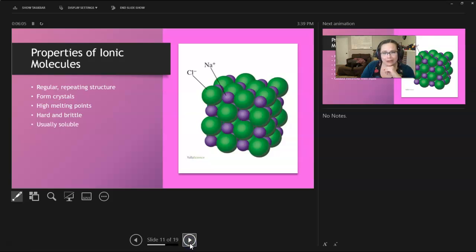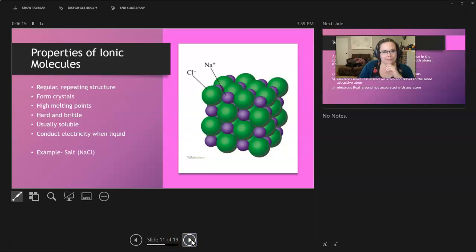They're usually soluble, which means you can usually mix them in water, and when they are liquids, electricity can flow through them. We'll come back to conducting electricity when liquid in our assignment on Wednesday. An example of an ionic molecule is salt, also known as sodium chloride.